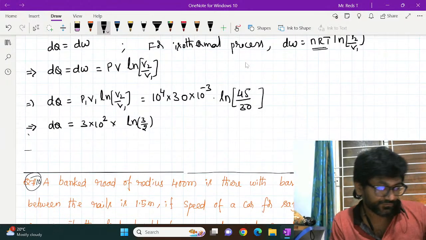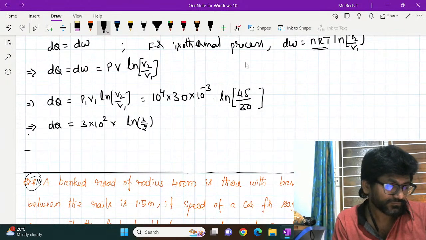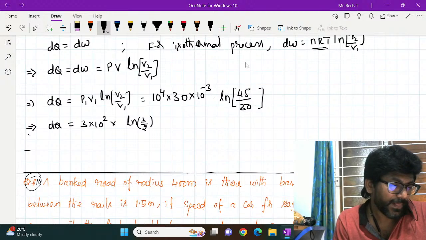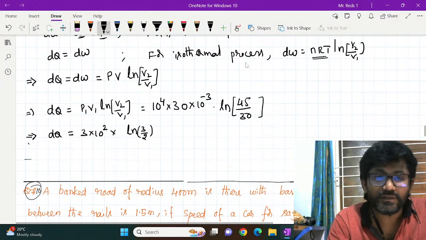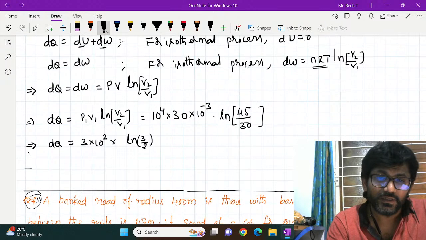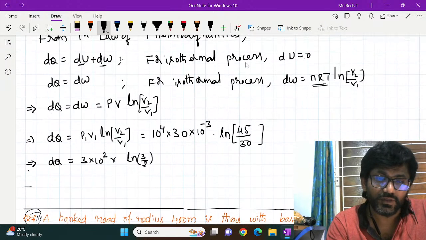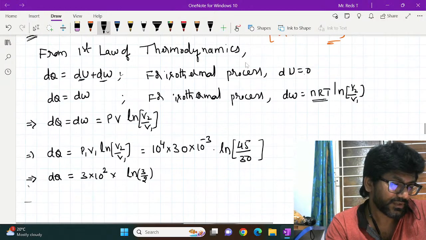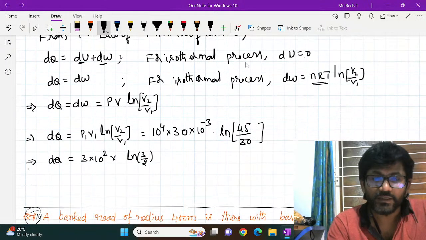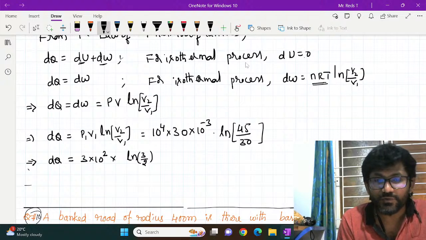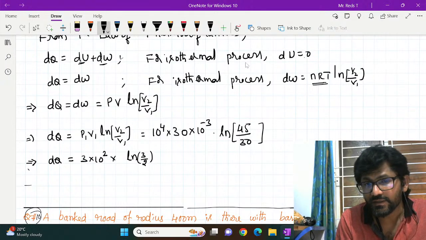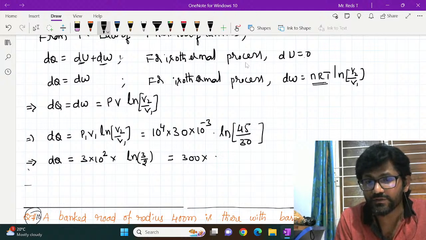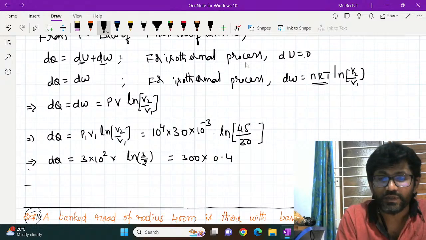Check the values here. Pressure is 10 power 4, volume 30 decimeter cube. So what you will get is 10 power 2 times 3, which is 300. So this is equal to 300 into ln of 3 by 2. The value given in the question is approximately 0.4.